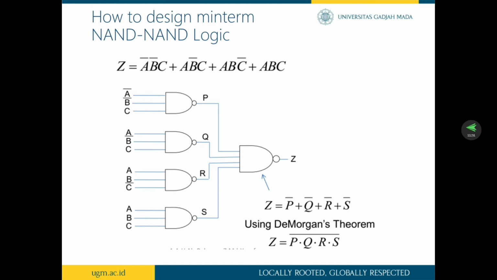We can not every variable in here. So if we apply the De Morgan theorem, we can apply NAND logic.